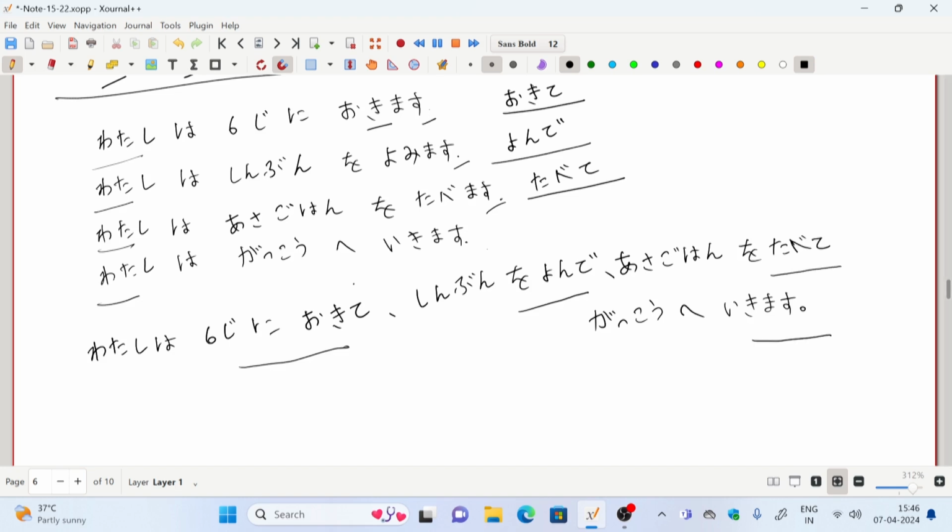So I go to school after waking up at 6 o'clock, reading my newspaper, and after having breakfast. So all these three actions will come in a sequence here.